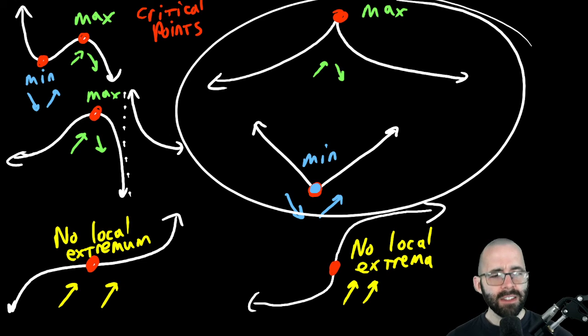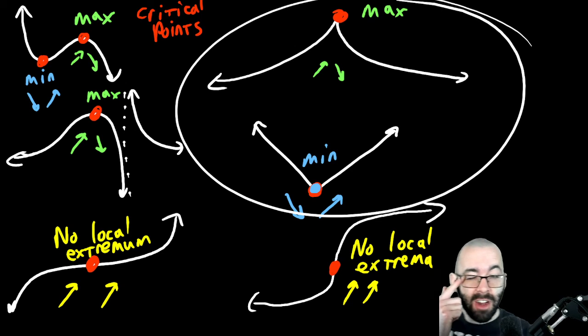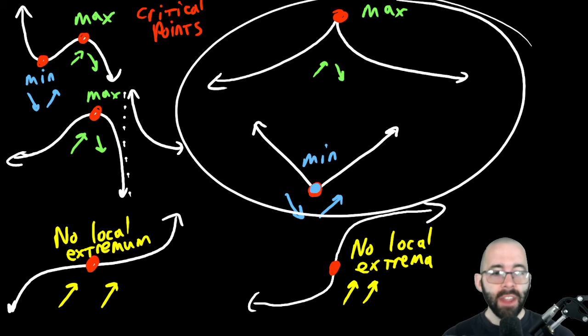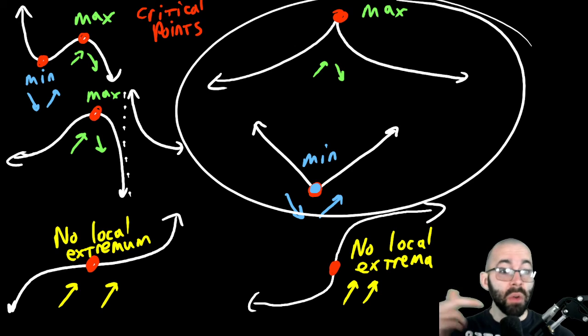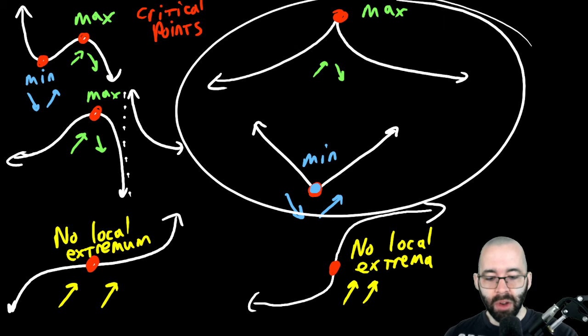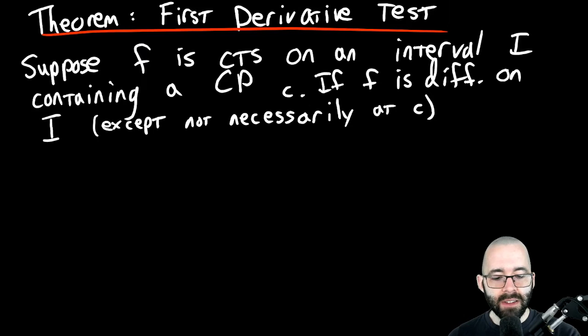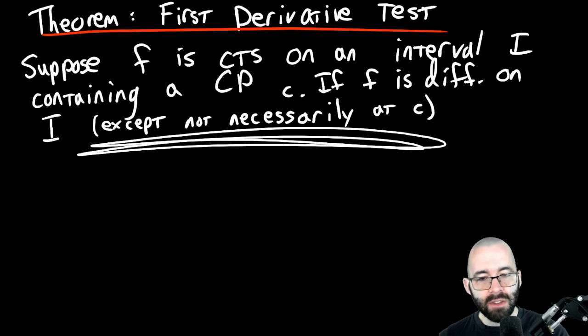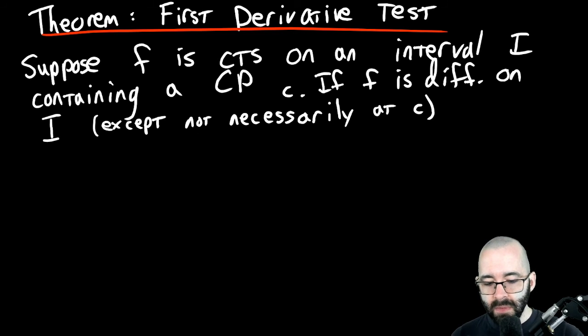And that makes sense because critical points are when the derivative equals 0 or when the derivative is undefined. So a lot of times these local extrema will have undefined derivatives. And that's okay, actually. All that matters is that the derivative exists on both sides of the critical point, but it doesn't need to exist at the critical point itself. So that's what this is referring to. And that's a very good little exception right here.